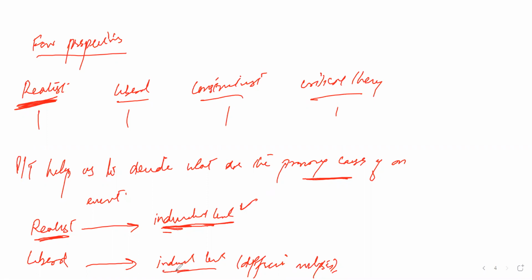On a single event, the realist perspective would provide you a different analysis at the individual level. The liberal perspective would provide you a different one. The same goes for constructivism and critical theory as well.